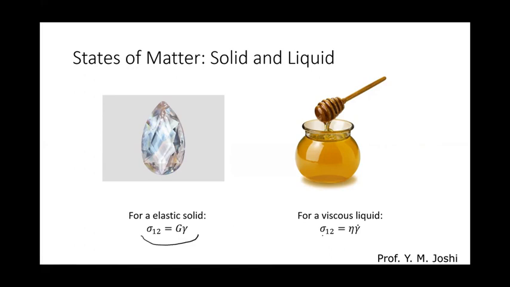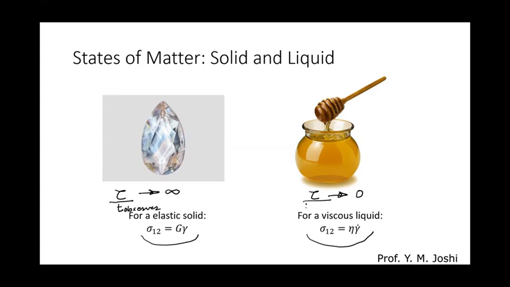All right. The other one is the viscous liquid, which simply means that the relaxation time of an elastic solid essentially tends to infinity, while the relaxation time of a viscous liquid essentially tends to 0. We can also say this in terms of relaxation time compared to observation time scale, T observer.